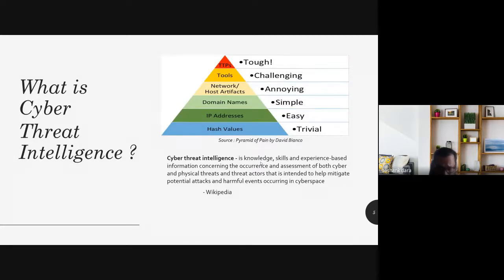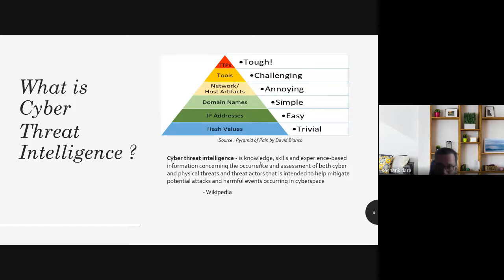If you are familiar with the Pyramid of Pain prepared by David Bianco, it is about very clear, crisp indicators of compromise to help you identify a threat in your environment. It could be hash values of malicious files, IP addresses from where the malware is coming, or domain names where the malware is hosted or the beacon server is reaching out.